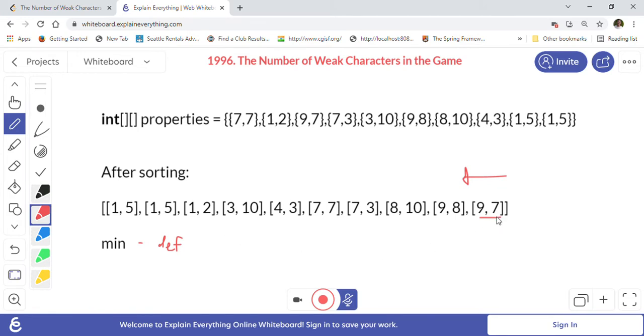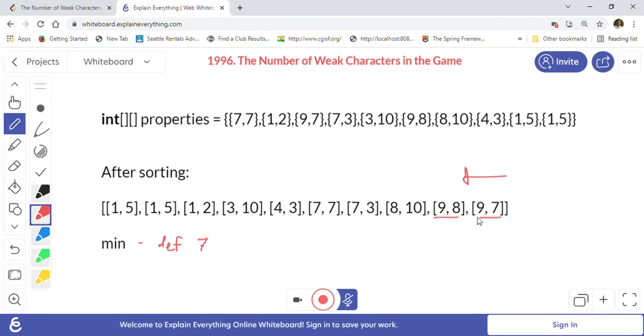We will compare it with 7, and we take the maximum of the two, so we will update the minimum value to 7, because 7 is bigger than Integer.MIN_VALUE.